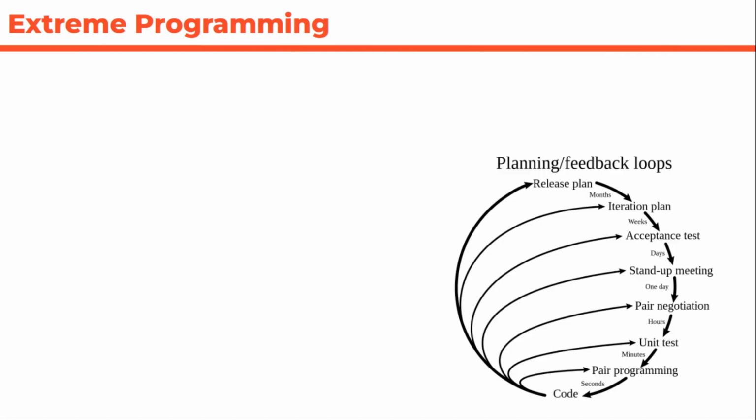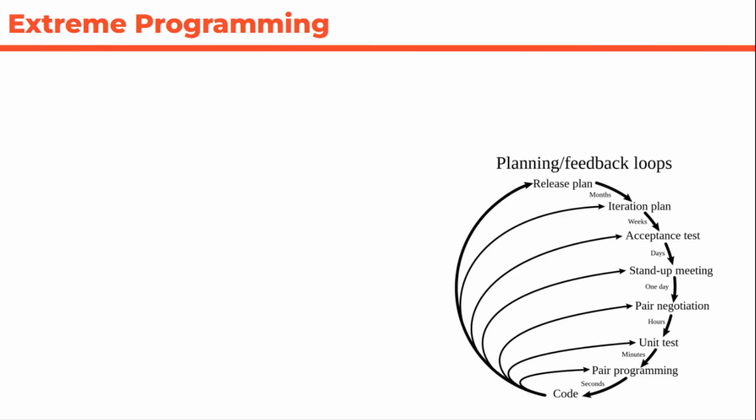So, what about extreme programming? Sounds interesting, doesn't it? Extreme programming. I've got a diagram there, and you'll see there's arrows spinning off the main outer circle. We have things like iteration plan, acceptance tests, stand-up meetings, pair negotiation, unit tests, pair programming, code, release plan.